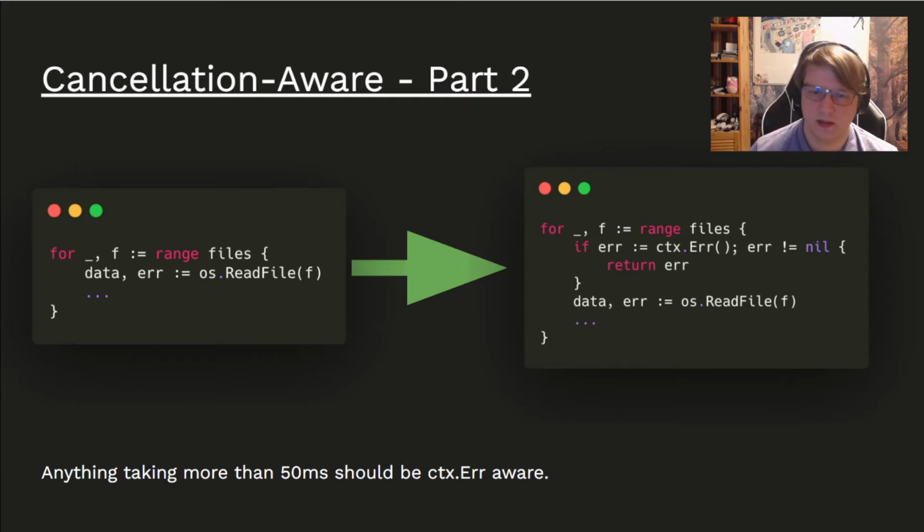Of course, here the read file, if you expect there to be gigabyte files, then you would also need to handle that case as well. So instead of reading everything into memory, you would read, let's say, a megabyte and then check whether context has been cancelled.